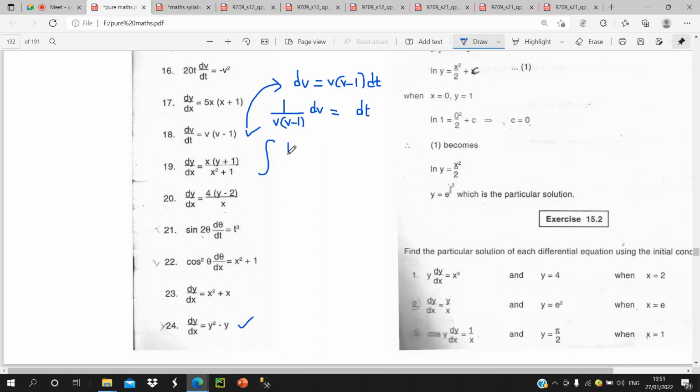So integration of this. To your right, it's the same as integrating 1 with respect to t. Yes, it's the same, right? Yes. So how do you integrate your left hand side?